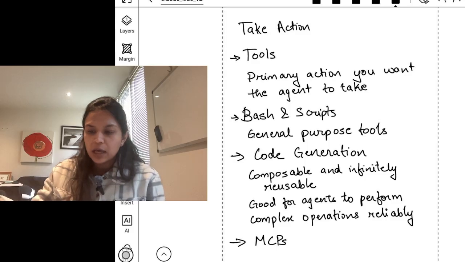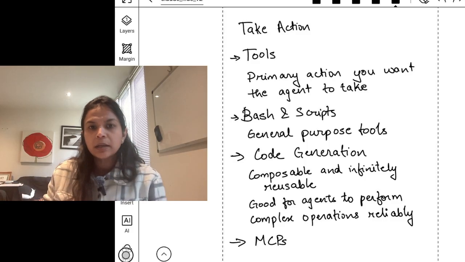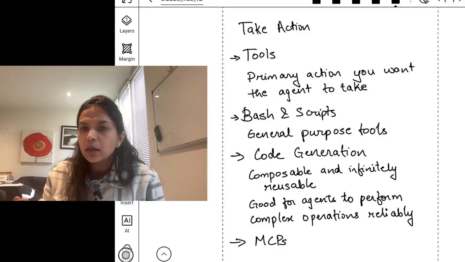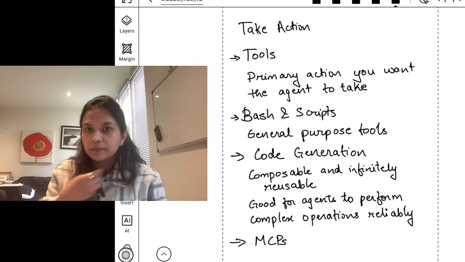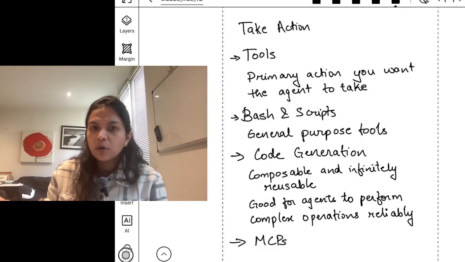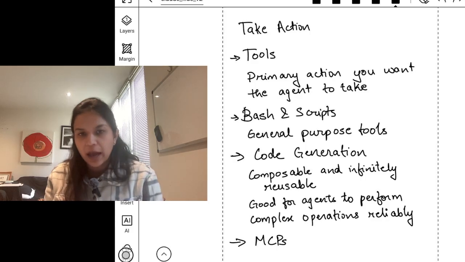For all of these tasks, you can write code. And code is the best way to perform actions reliably. So code generation is one of the tools which your agent should have access to.